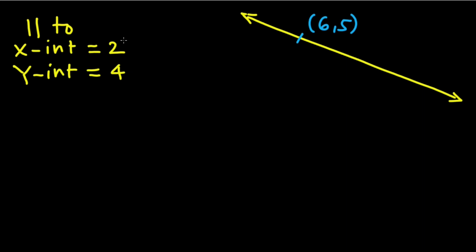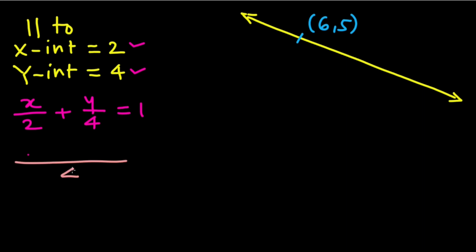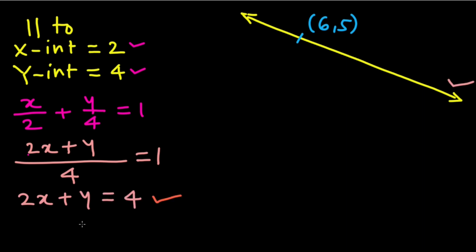Now the equation of the line with x-intercept 2 and y-intercept 4 will be x by 2 plus y by 4 equals 1. LCM of 2 and 4 is 4, so it will be 2x plus y equals 4.